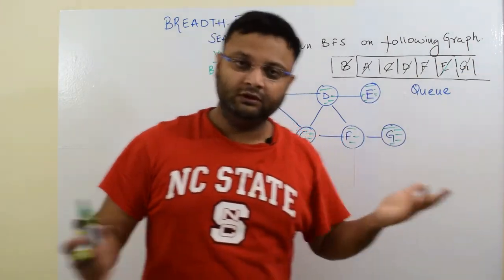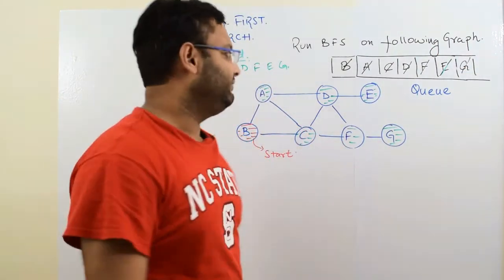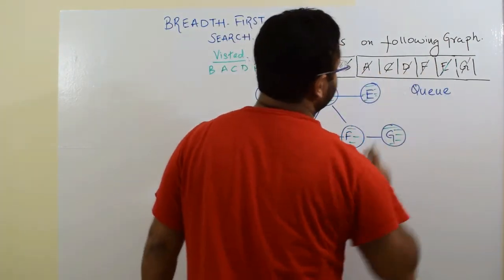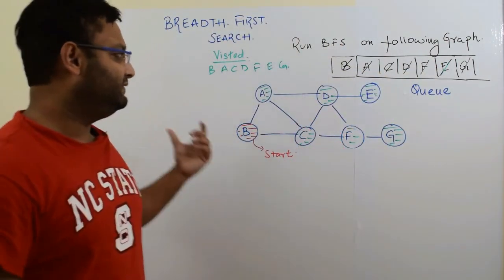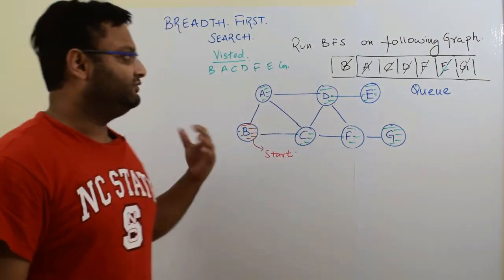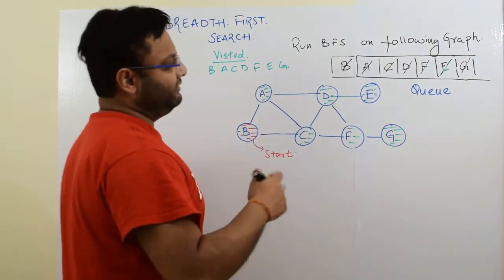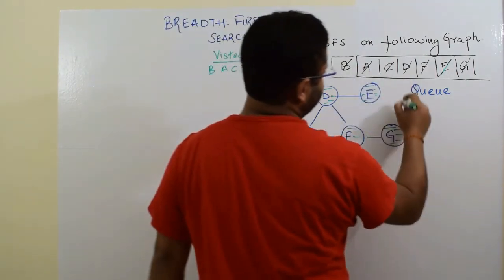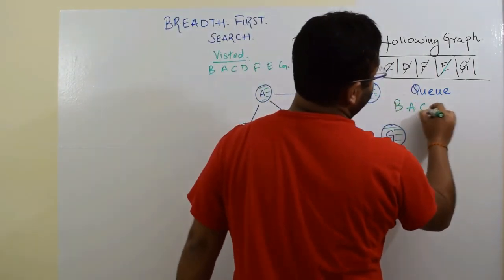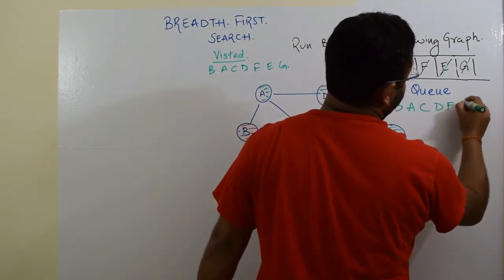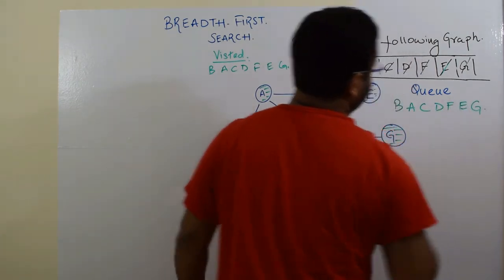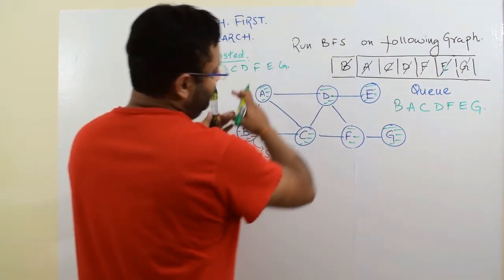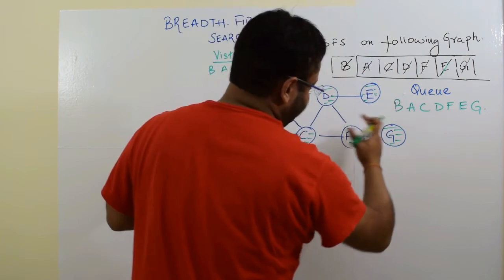The queue is empty, so the algorithm has terminated, right? So finally, if somebody asks you what is the sequence of the BFS traversal, the sequence of visiting nodes when you are running the BFS algorithm, what will it be? Definitely it will be this only: B, A, C, D, F, E and G. And you can also see here, is it not going breadth wise, the same approach which I told you earlier?